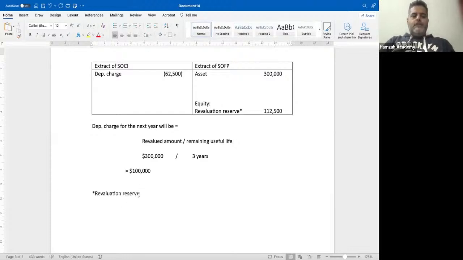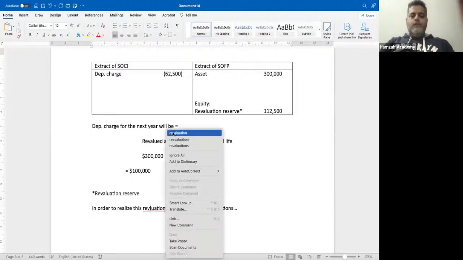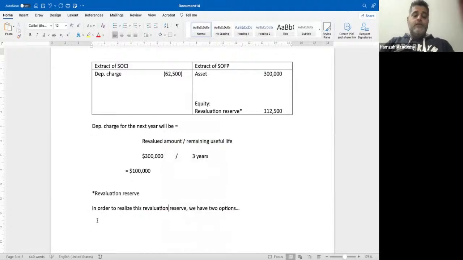What to do with this? Now, there are two ways to realize this revaluation reserve. If you want to realize this revaluation reserve, you have two options.